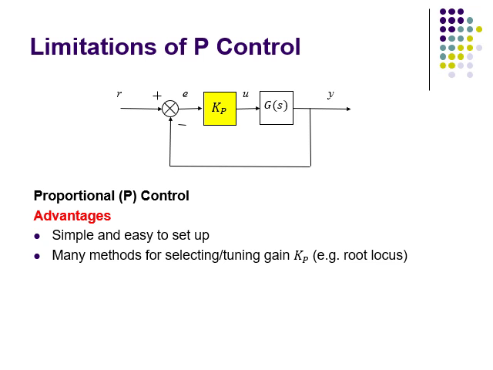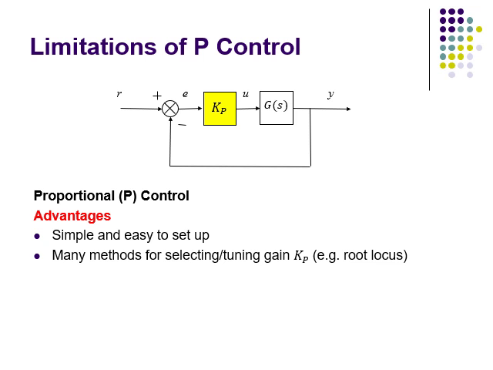This comparison gives an error, and then the error is scaled by a gain Kp to produce the input to the system U. So with this type of controller, the input to the system U is proportional to the error.